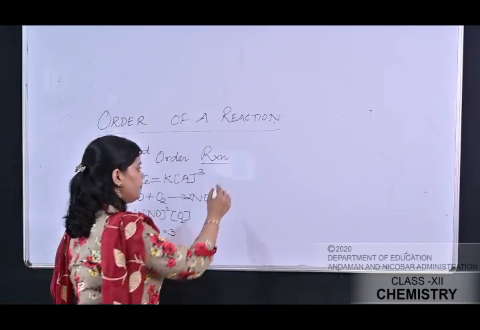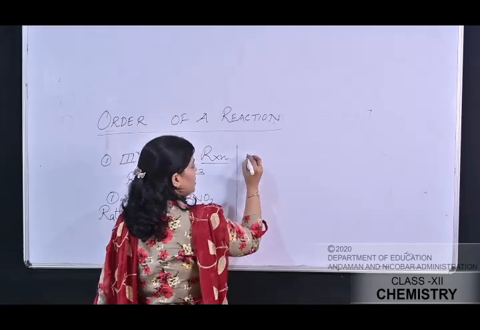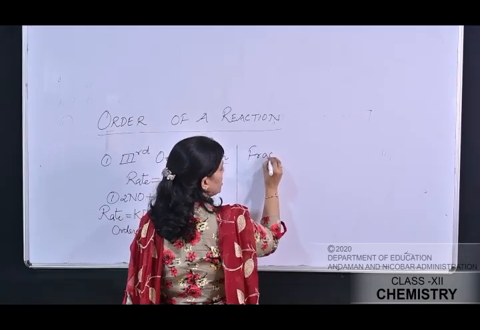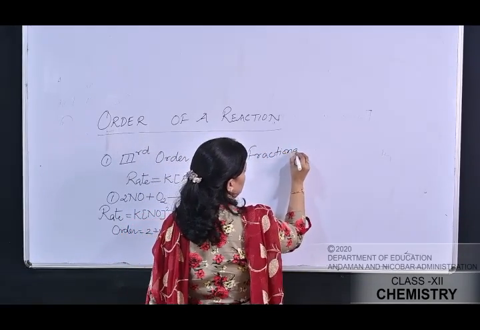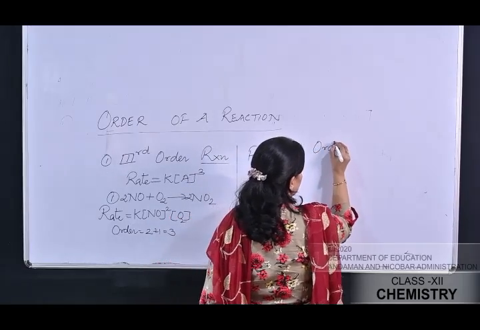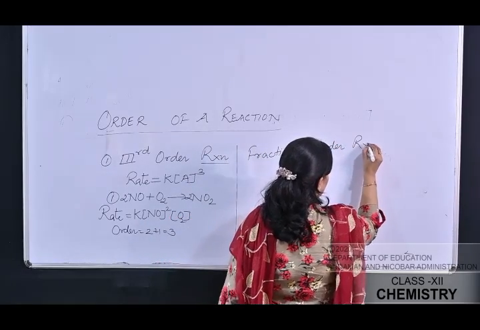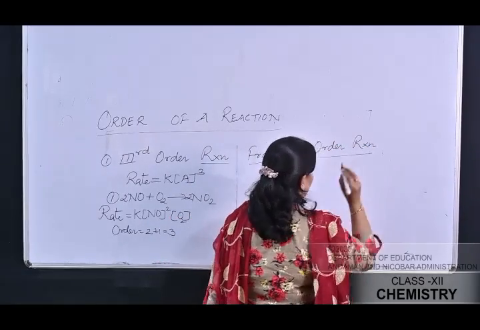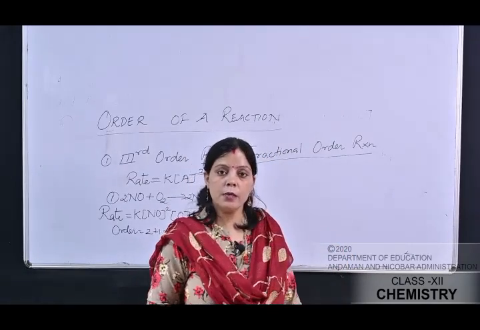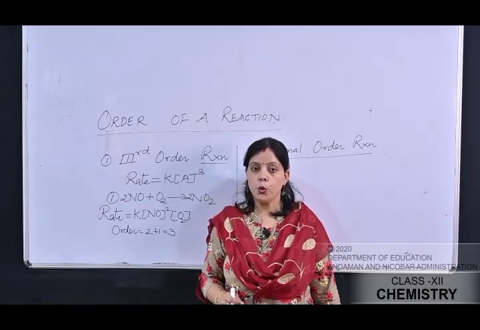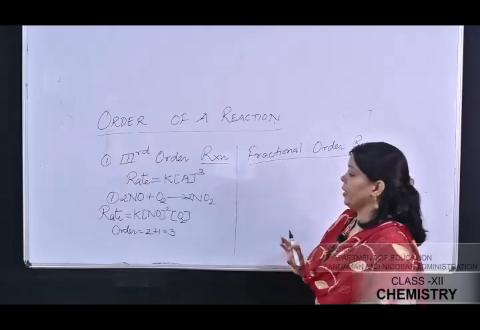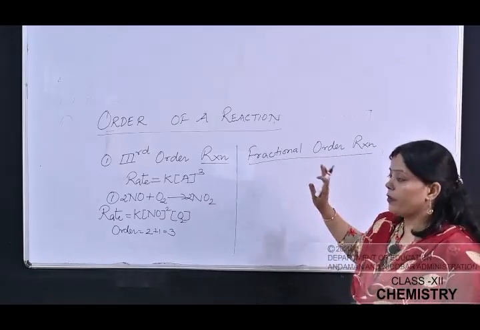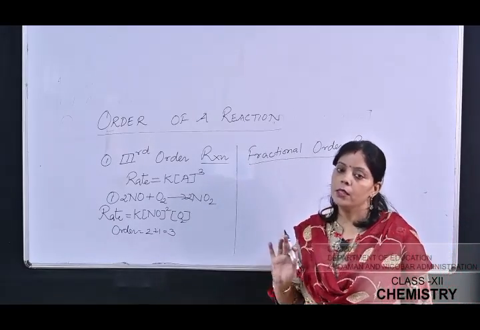After that we come to the next, that is fractional order reaction. Since the order of the reaction is determined experimentally, the order of the reaction may be in fraction form or it may be 0.